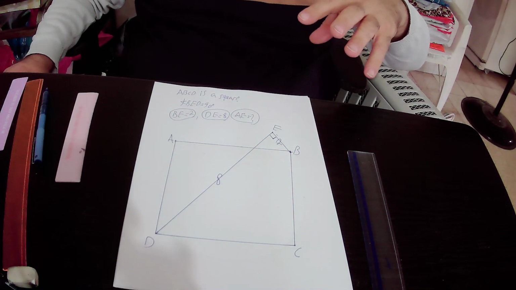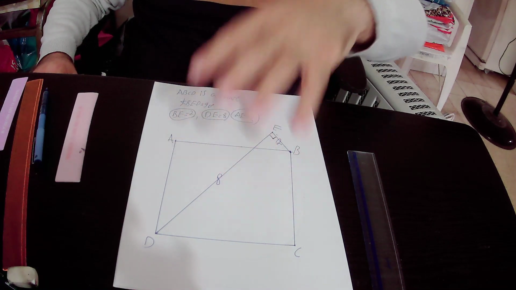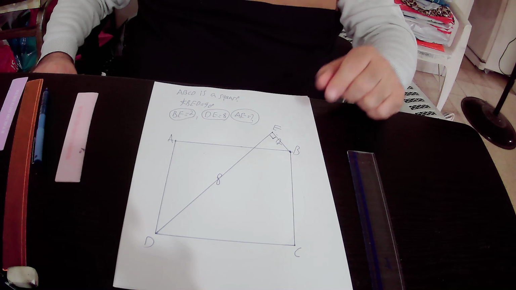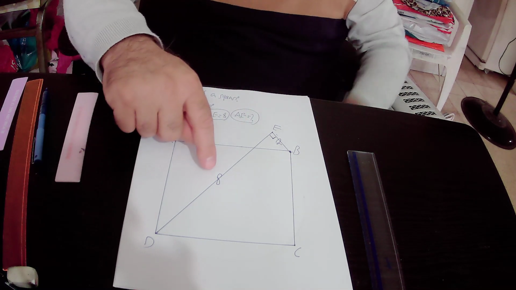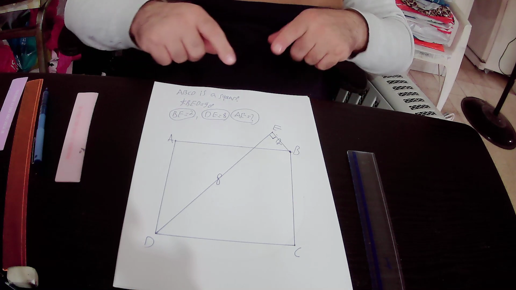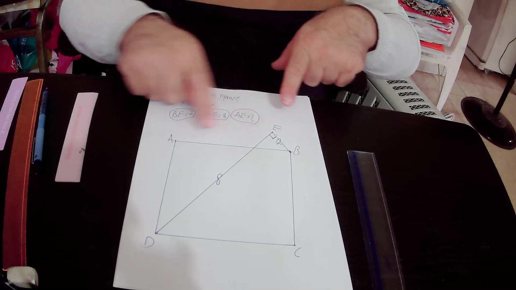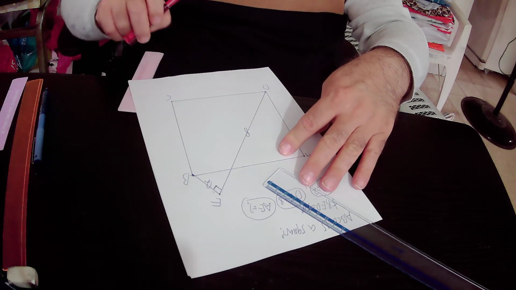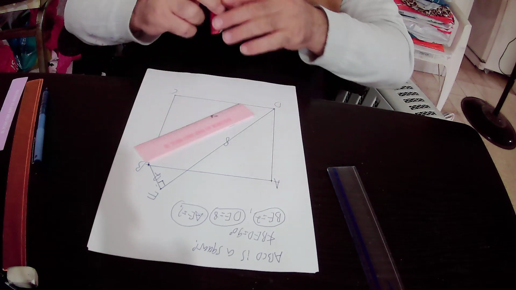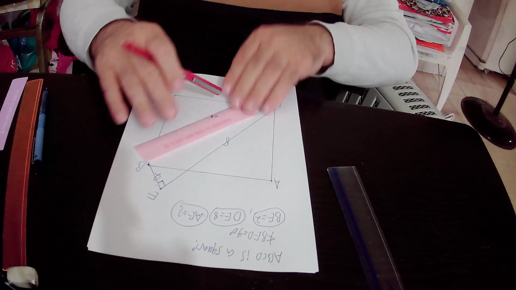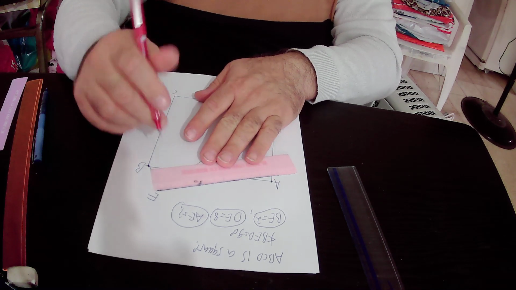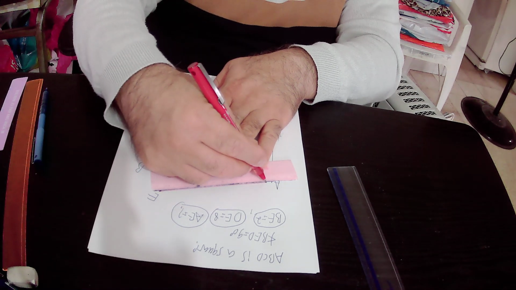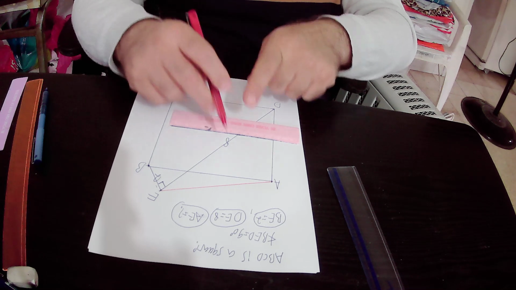In the drawing we have square ABCD, and we know that line segment EB equals 2 units, line segment DE equals 8 units, and we want to find out the size of line segment AE, the one in red color.